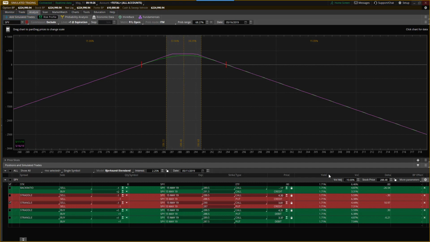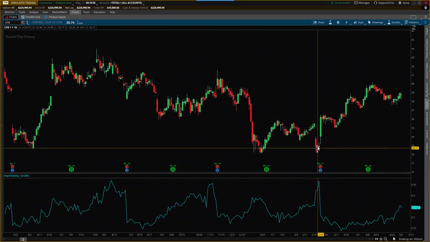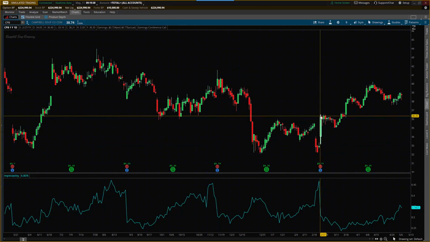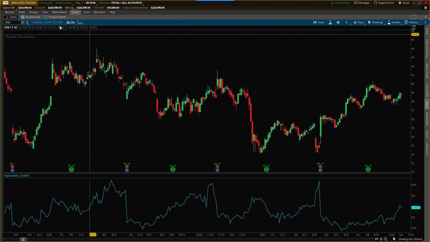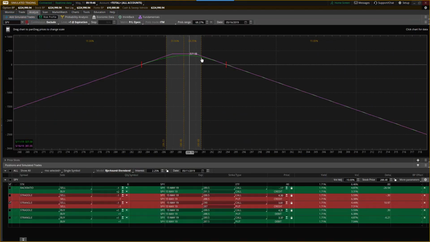Now, the problem with trying to trade this with a sell for an earnings play is that, just like we were looking at here in Campbell's, when it had an earnings, it exploded to the upside. That explosion to the upside in price means that it could leave this butter zone, so to speak, is what it's called. So then I would be outside of my expected range, and then I'm not in a profitable trade anymore, even though I got the very quick explosive move in Volatility Crush.